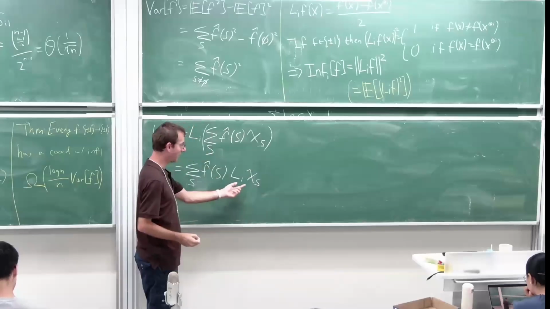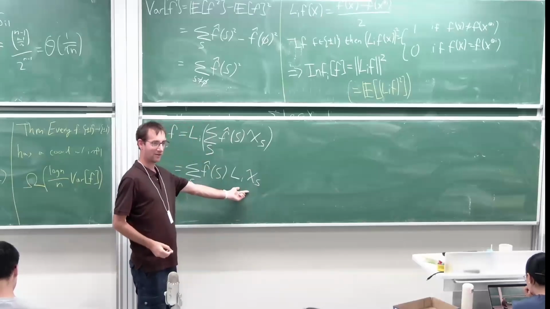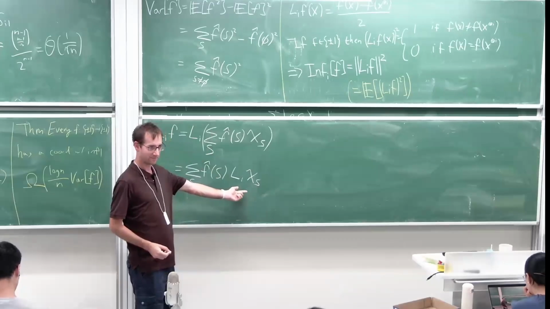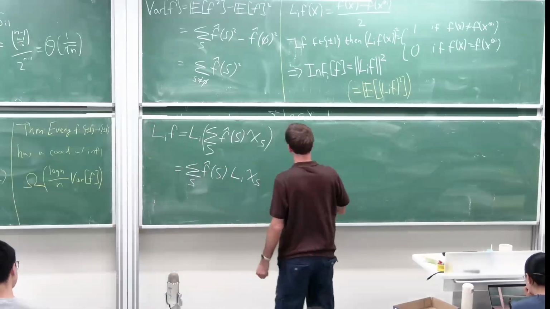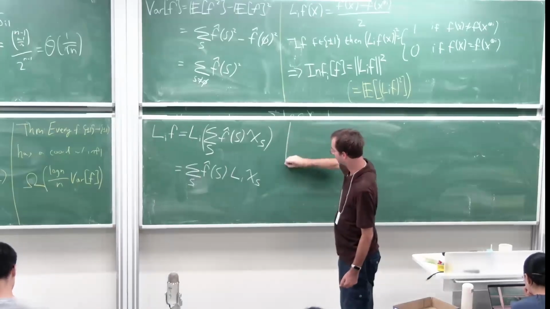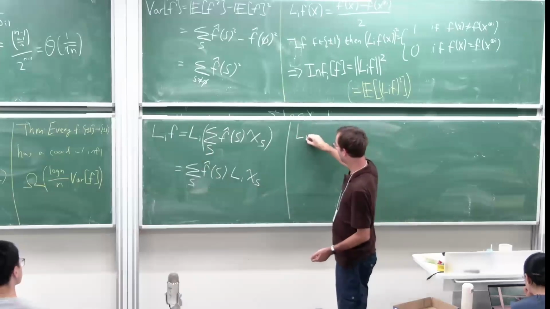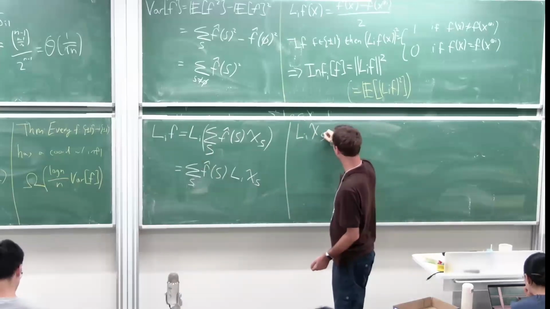And I just need to calculate this ith Laplacian of the Fourier characters. Okay, now there are two cases. So I want to know what is L_i chi_S.